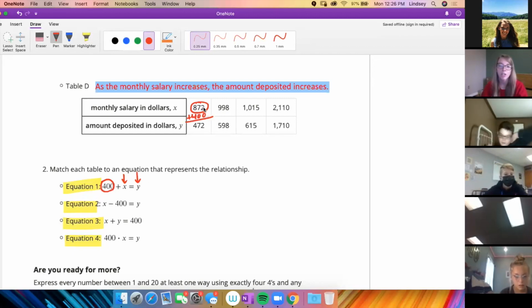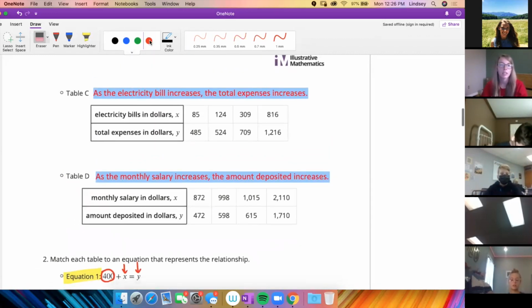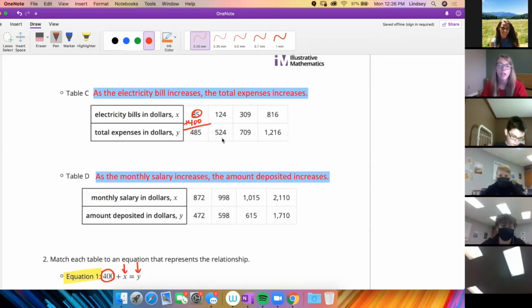Is 872 plus 400 472? No, it is not. So does that equation represent this table? No. All right, so let's look at C. Our x value, which is 85, plus 400 should equal our y value. Does it? Yes, it does.